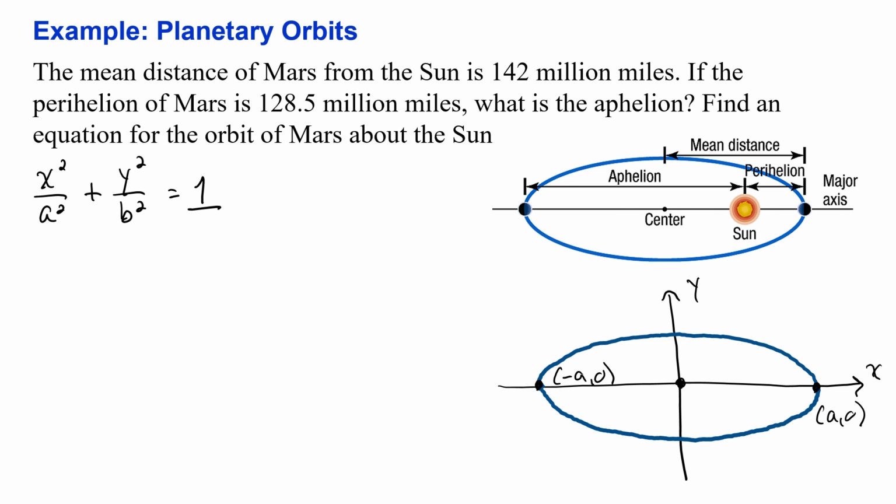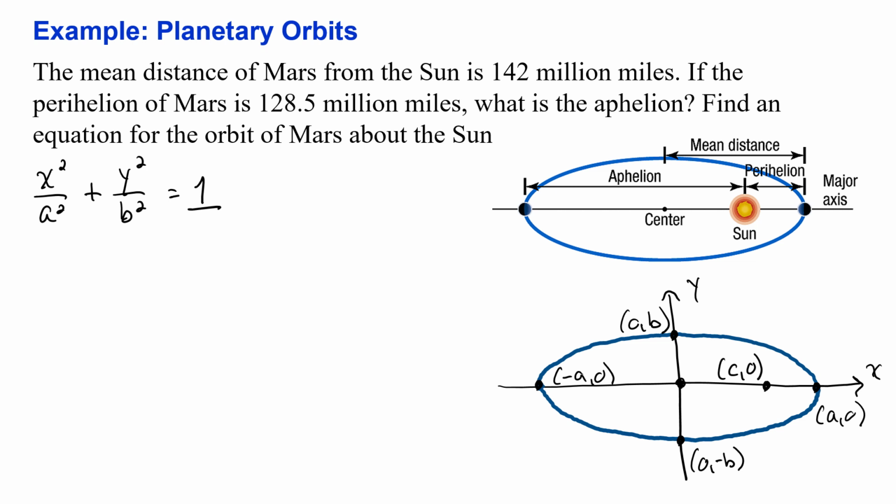Also, we know the endpoints of the minor axis will lie on the y-axis at the points 0, -b and 0, b. Finally, we can plot and label the foci of the graph, but let's only concern ourselves with the location of the Sun, which we will place a distance of c to the right of the center at the point c, 0.